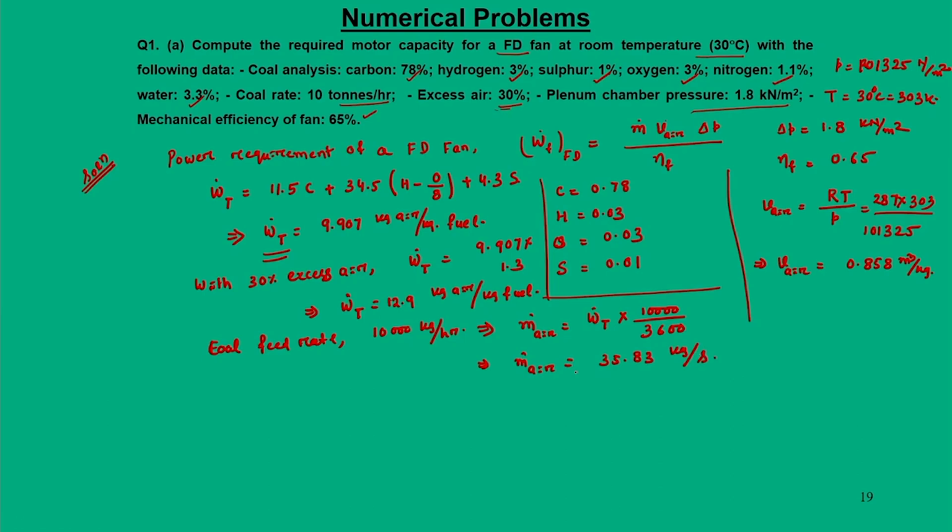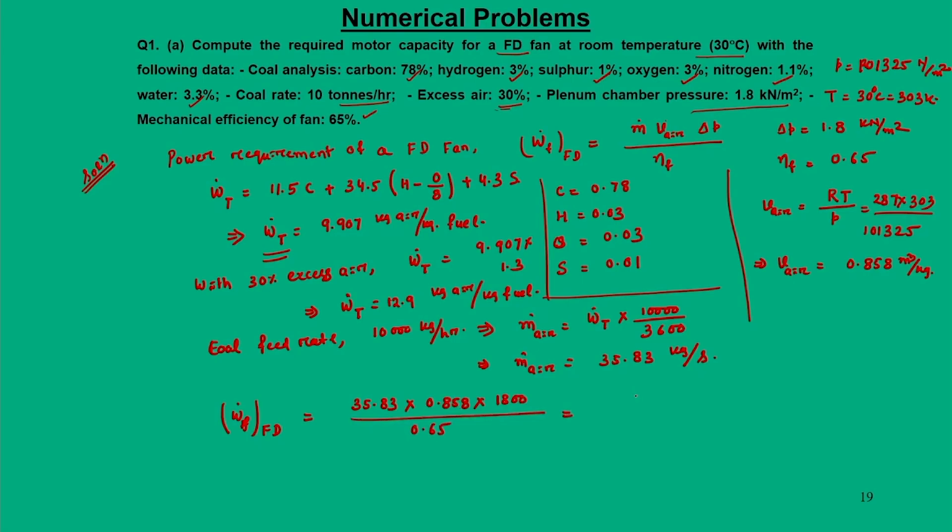So, we have this m dot air requirement, then we can calculate W dot F, that is the power requirement for the forced draft fan. It would be 35.83 into 0.858 into delta P, that is 1800 Newton per meter square, divided by 0.65.